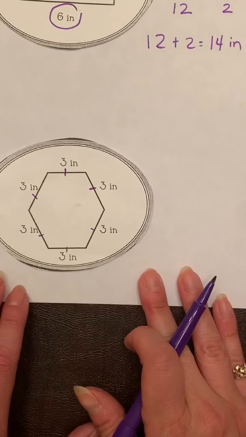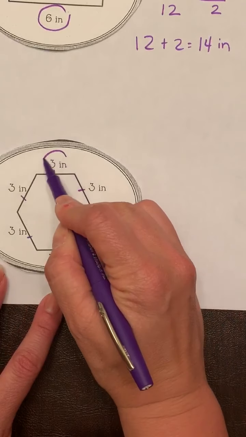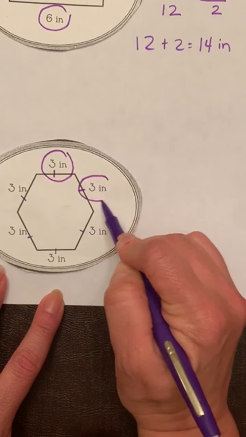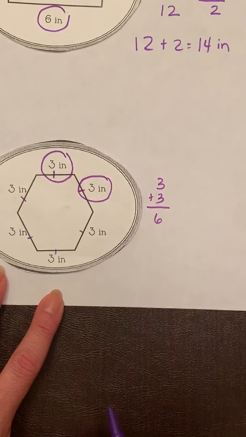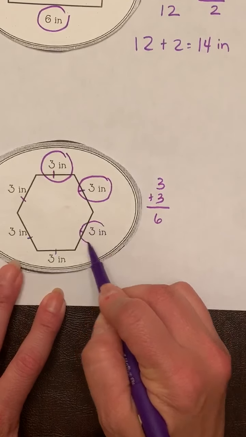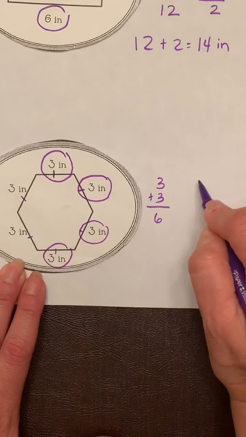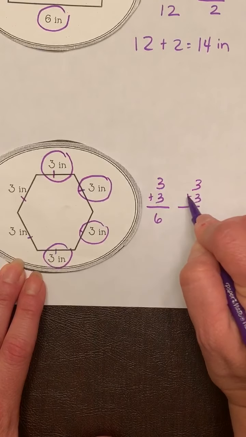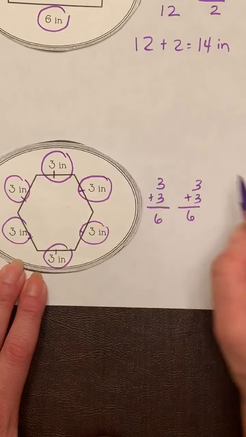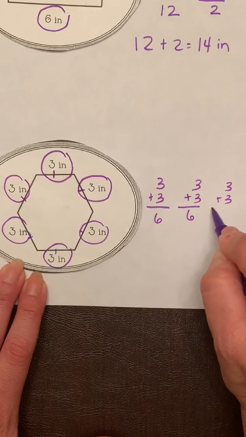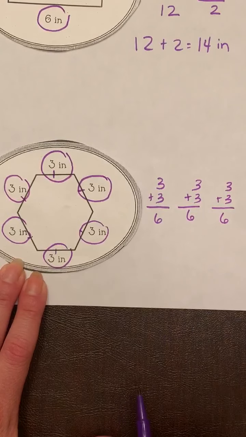I'm just going to start by adding 2 of the numbers together. In this case, we're going to be adding 3s. So I'm going to start by saying 3 plus 3 is equal to 6. I'm going to do it again. 3 plus 3 again is also equal to 6, and 3 plus 3 is also equal to 6. But we're not done yet.